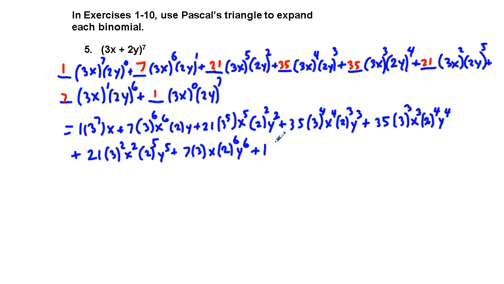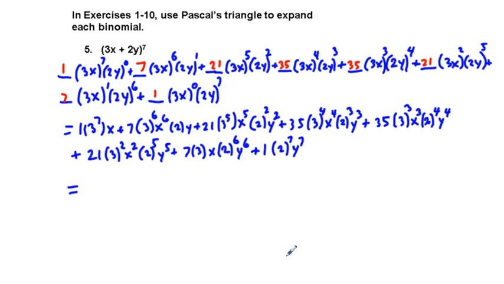We're going to have 1 times 2 to the 7th power, y to the 7th power. And so from here, it's just going to be a matter of simplifying and putting all these numbers in each of their places.